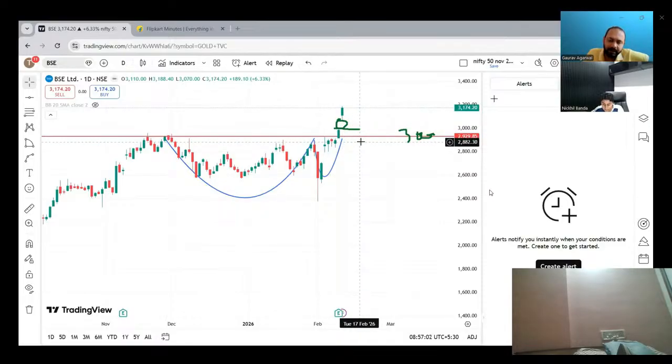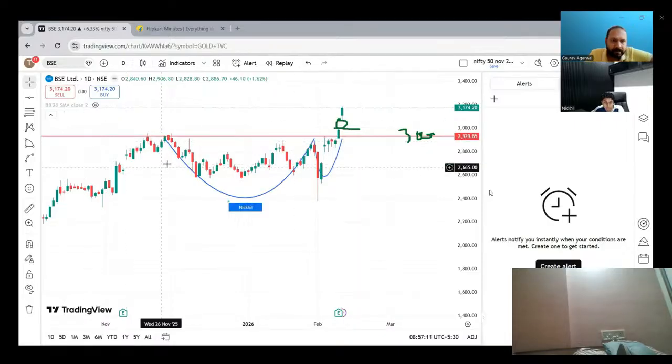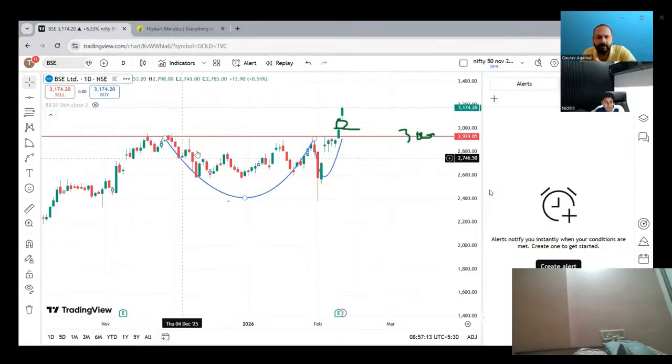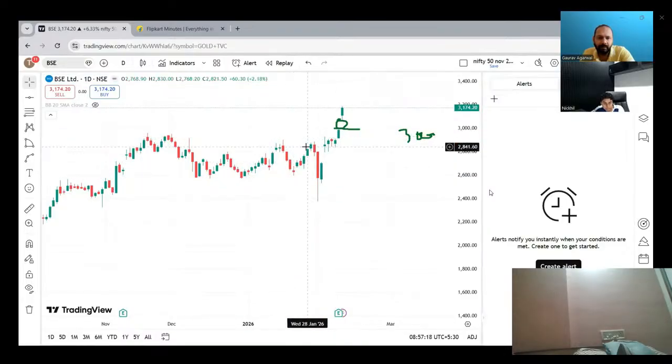Okay, and is there any like in the 15-minute chart? See, the accuracy and the confirmation we may not get in 15 minutes, but we will see if we can find that.